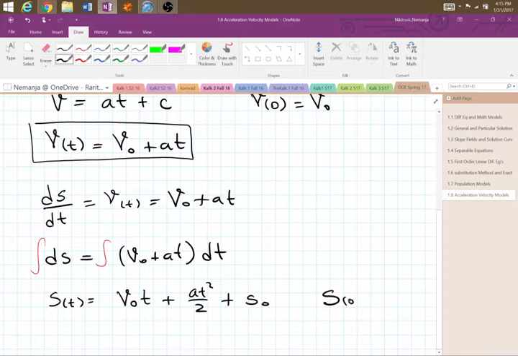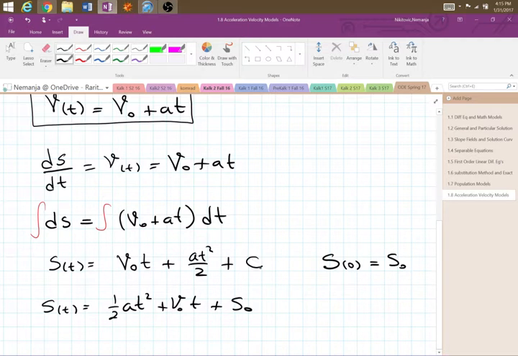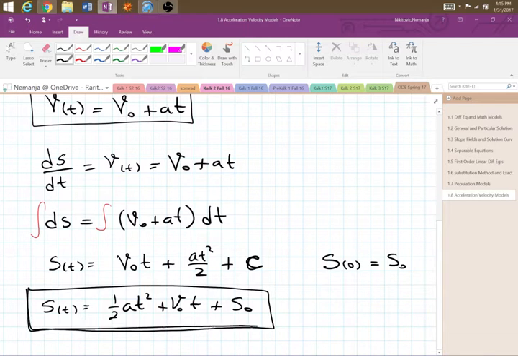So position at time 0 is some initial position, which means that our function s of t is equal to 1/2 at squared plus v0t plus s0. So this is your parabolic motion.